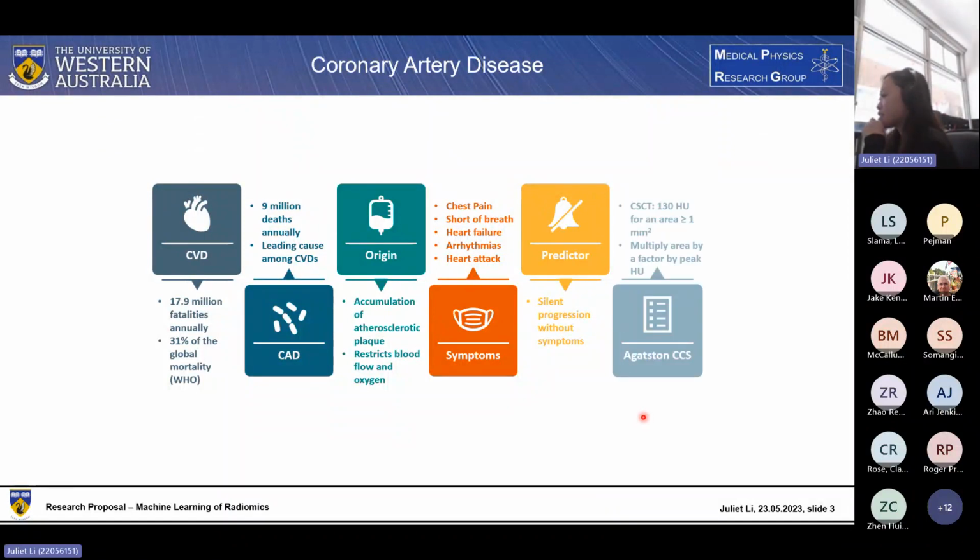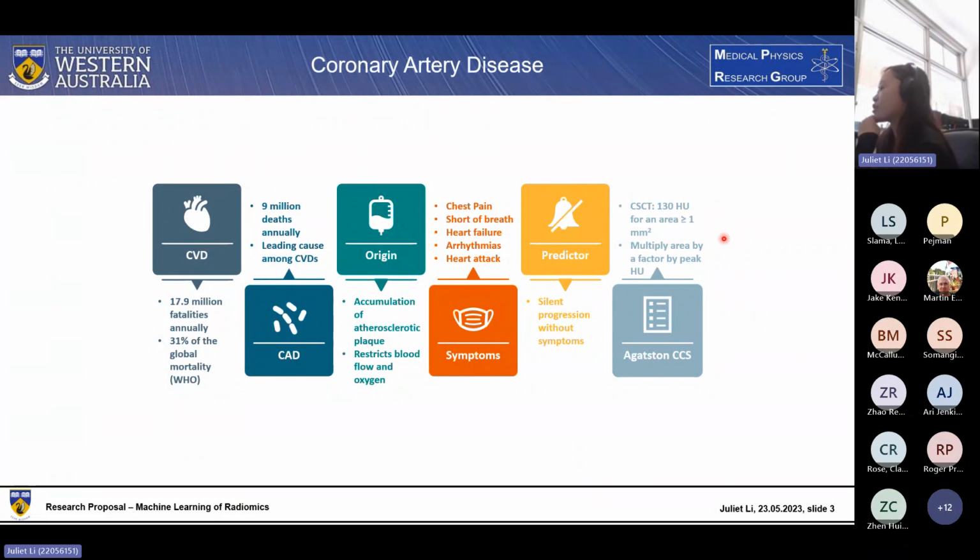In the 1990s, the Agatston score was invented to calculate and quantify coronary artery calcification. It uses CT scans and sets a threshold of 130 HU and an area of 1 millimeter squared for each lesion.